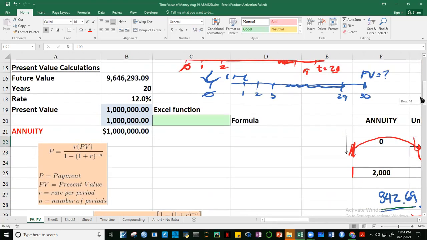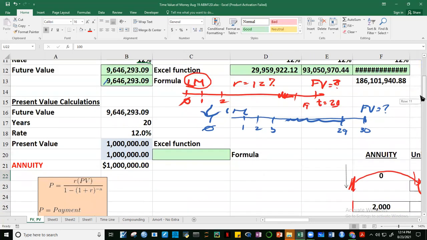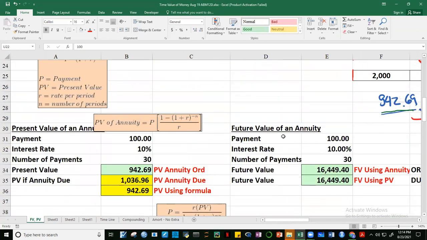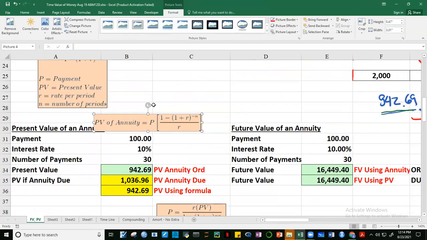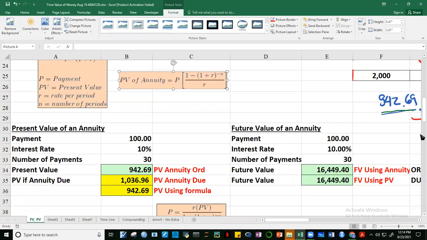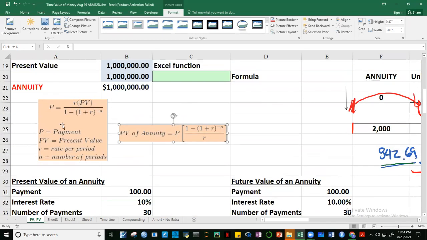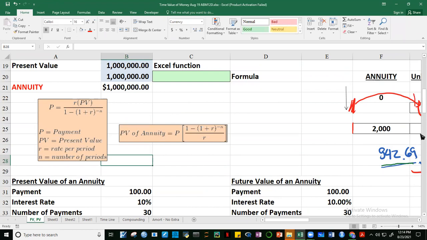Summarize lang natin to. Okay, here you have the formula for, may dalawang formulas ako na linagay dito. Number one, here you're computing for the payment. Kung i-compute natin yung payment, yung annuity, dapat makuha natin 100. Dito naman, we're computing for the present value.